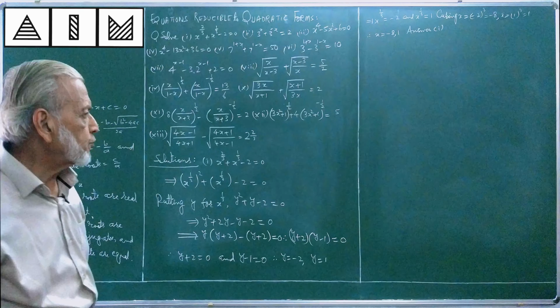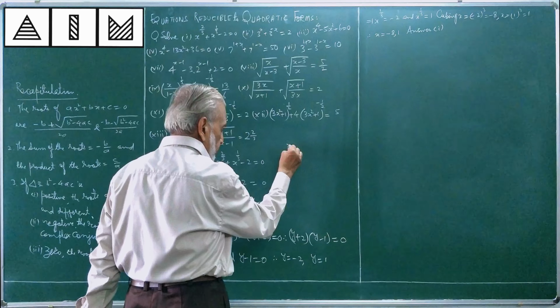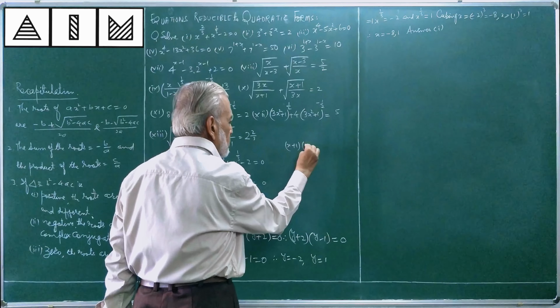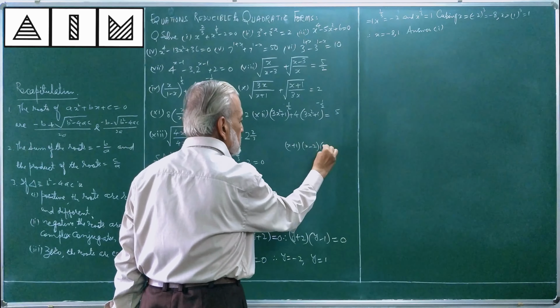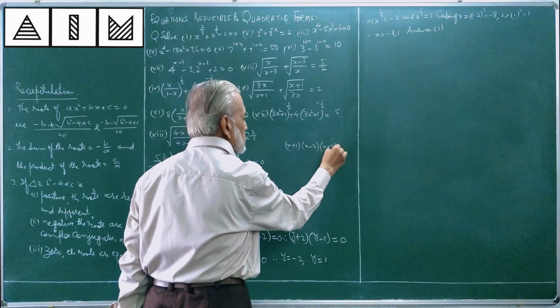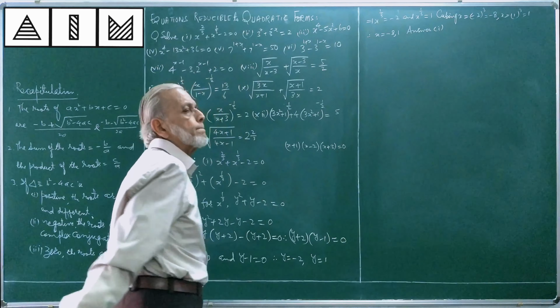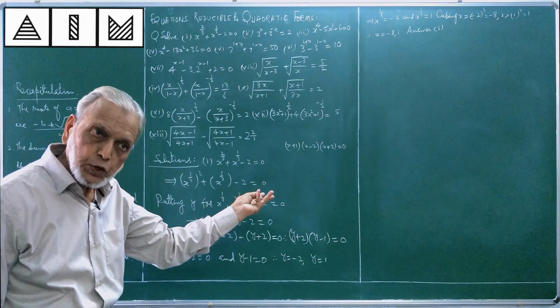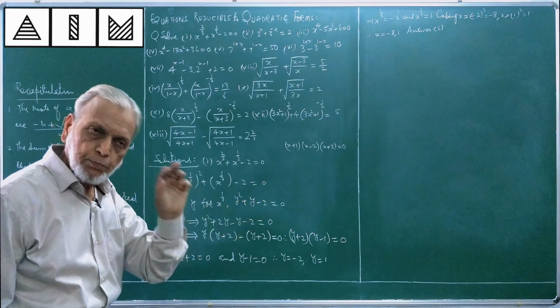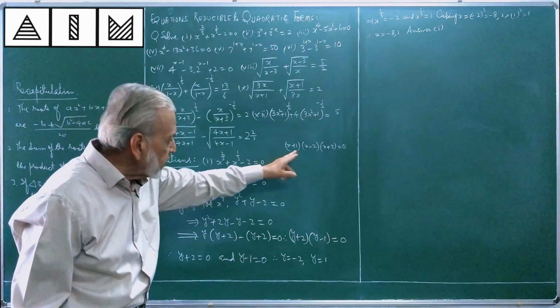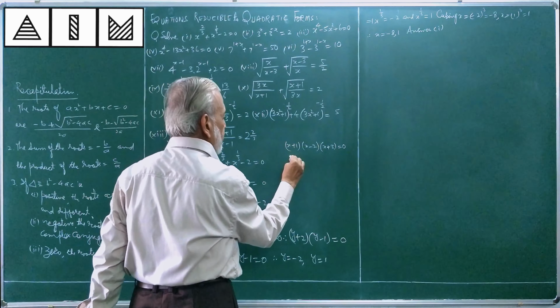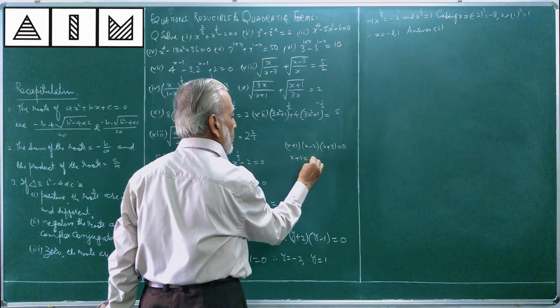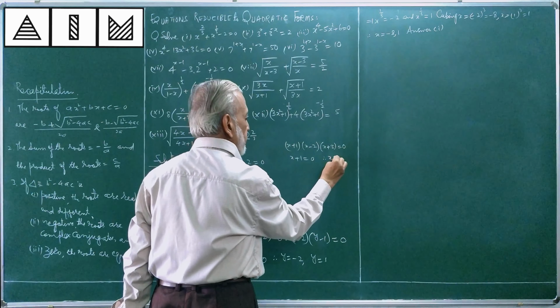You will come across such things in future, please see here. Product of three factors is 0. So it is possible only when at least one of them is 0. Let us take x plus 1 is equal to 0, giving x is equal to minus 1.